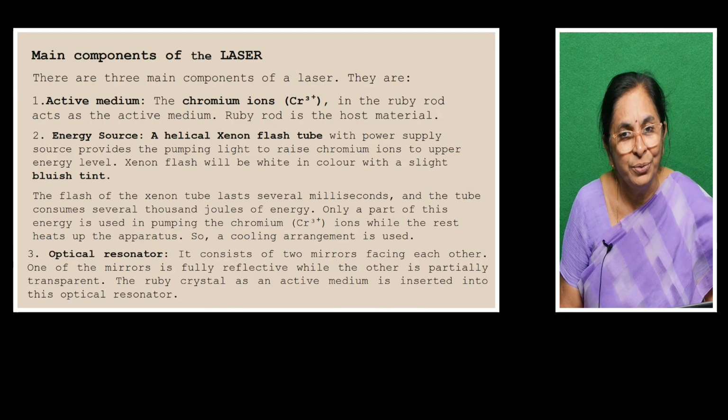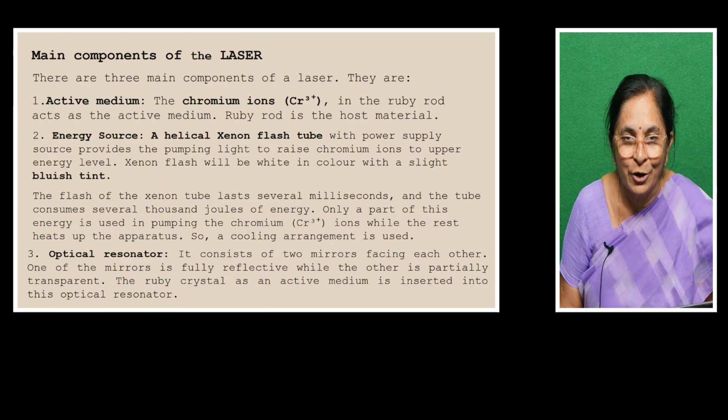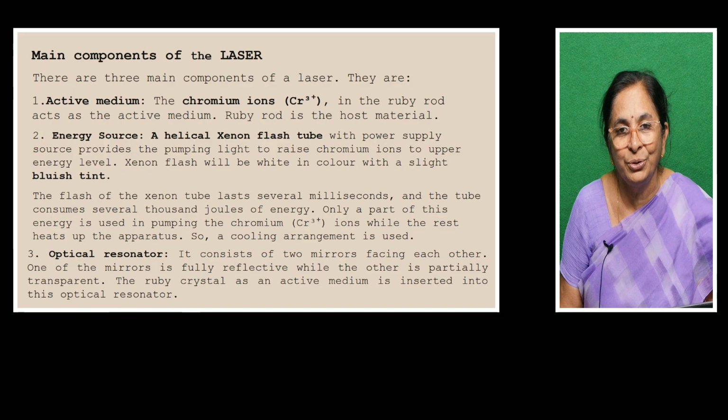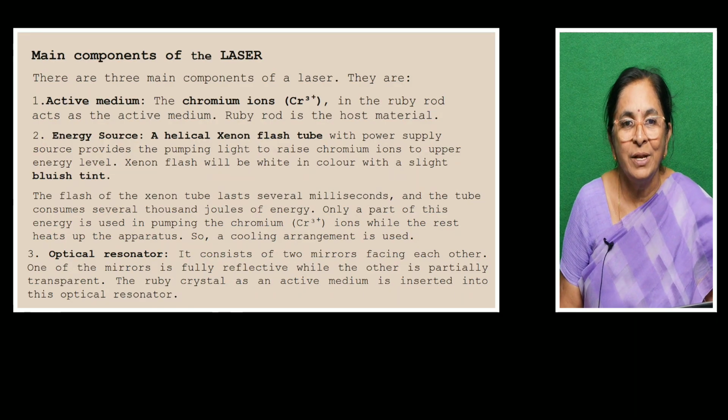Out of this huge energy, only a little part is going to be used in pumping Cr3+ ions from the ground state to the excited state. The rest is going to heat the apparatus. So to protect the apparatus, we need to arrange a cooling arrangement.